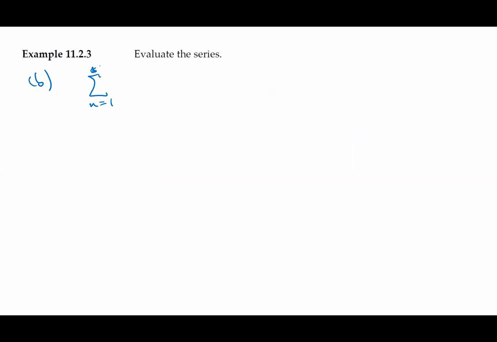All right, the sum of 1 plus 2 to the n all over 7 to the n. Well, what I'm going to do is break this up, right? Using those properties. 1 over 7 to the n plus 2 to the n over 7 to the n. And then, since those are each geometric, I know individually they exist, so I can actually do this.